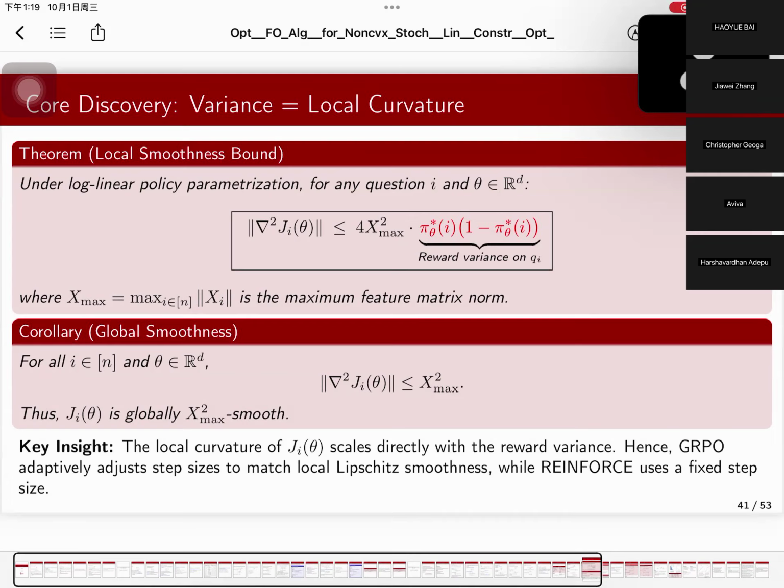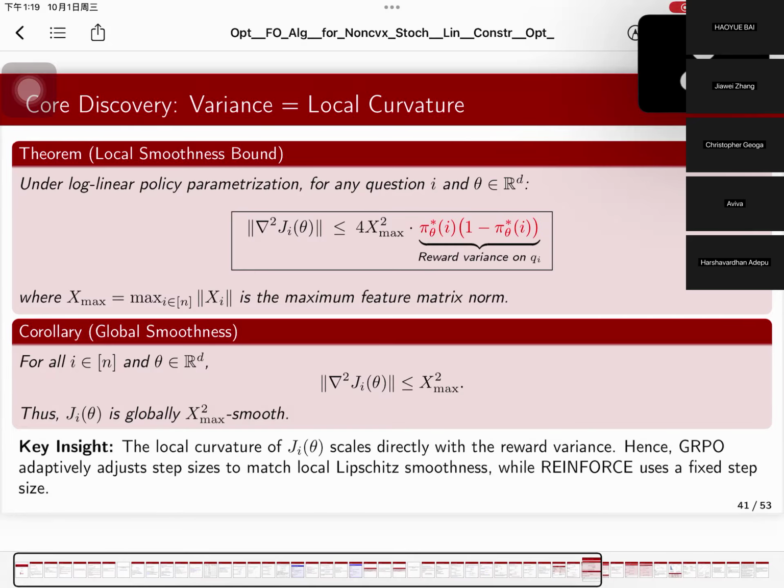We can show that the spectral norm, or the largest singular value, of the Hessian matrix is proportional to the variance of the reward. It's this pi theta star times 1 minus pi theta star.